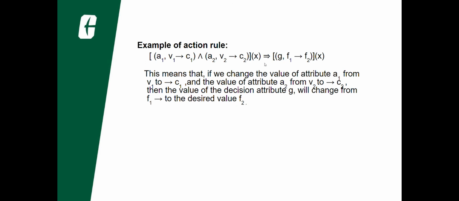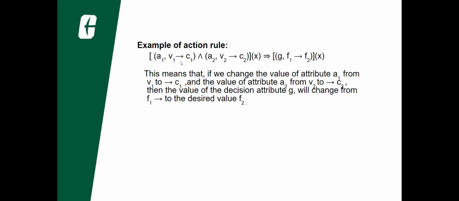And here's an example of an action rule. So here we have our equation, and this means that if we change the value of a1 from v1 to c1, a1 being a variable here, and these being the values of our variable, right?